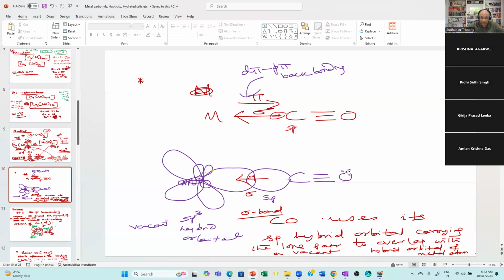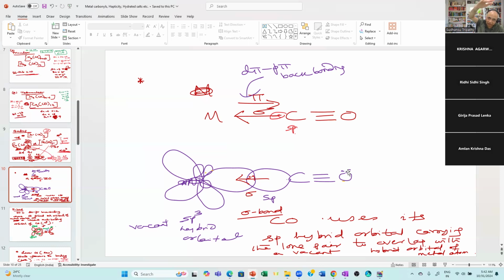Oxygen is below, carbon is up. But whatever may be the case, the pi bonding MOs, pi 2px and pi 2py, come lower, and sigma 2pz comes above, and that is closer to carbon, as I have already told you, and that is the HOMO.